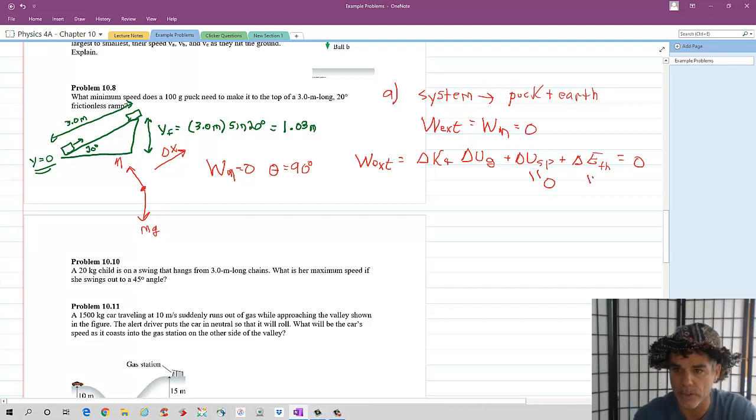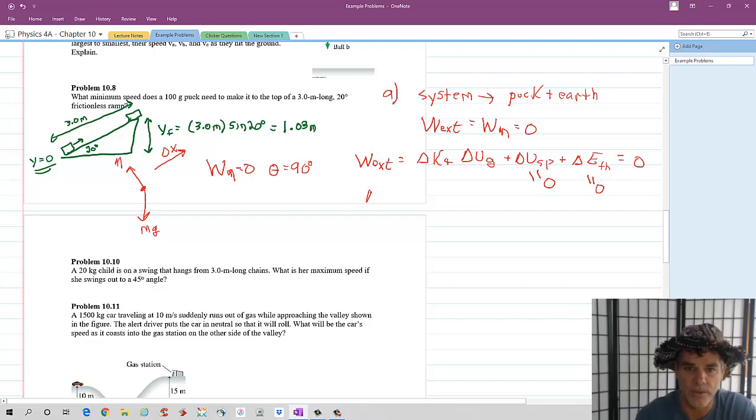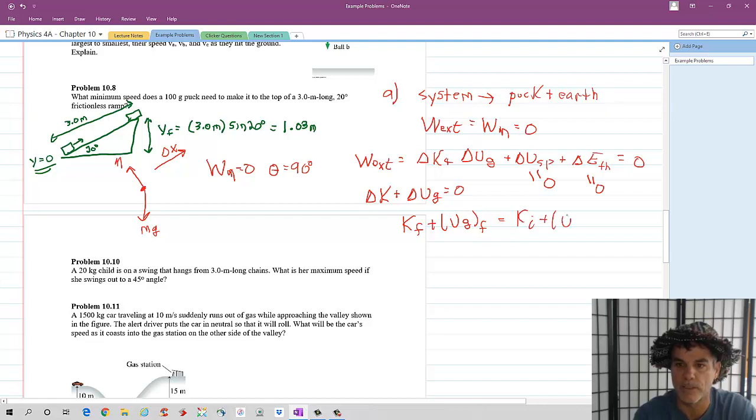And there's no friction and there's no air resistance, so no thermal energy is going to be generated. So what I basically have is the change in kinetic energy plus the change in gravitational potential energy is equal to 0. So writing this out, I have K final plus UG final equals K initial plus UG initial.